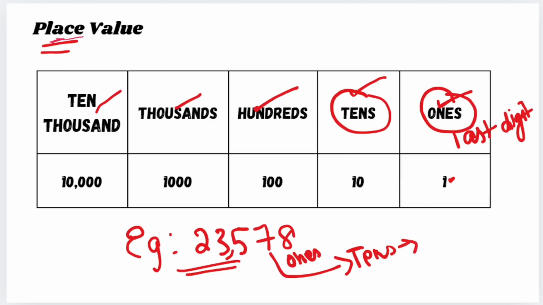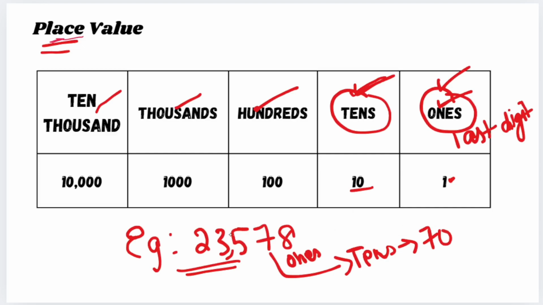That means 7 will become 70. Ones means the number should be placed as it is. You should never add 0. You should place it as it is in the ones place. In the tens place you should add 1 zero. So I'm adding 7, 1 zero.